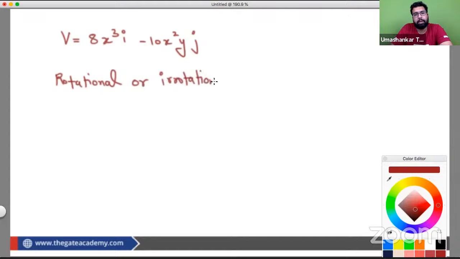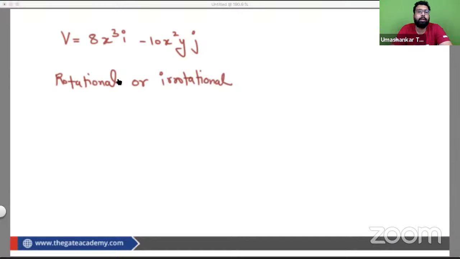Please go ahead and tell me whether it is rotational or irrotational.